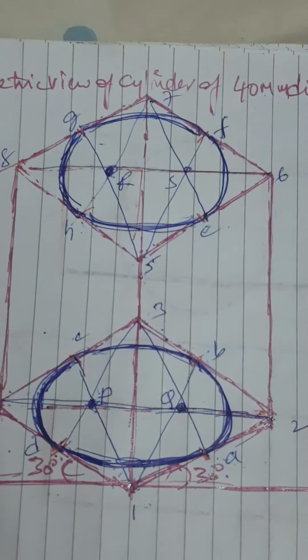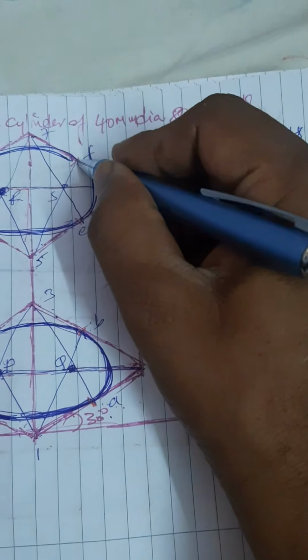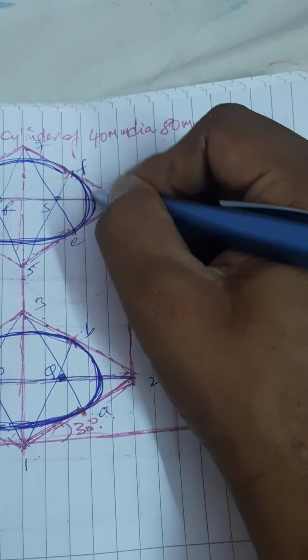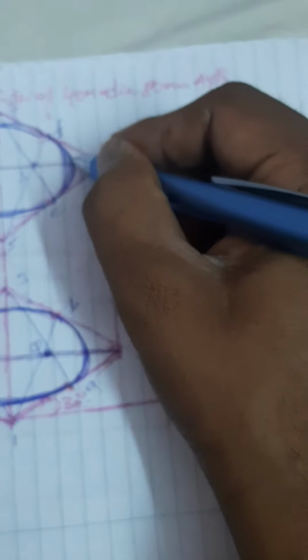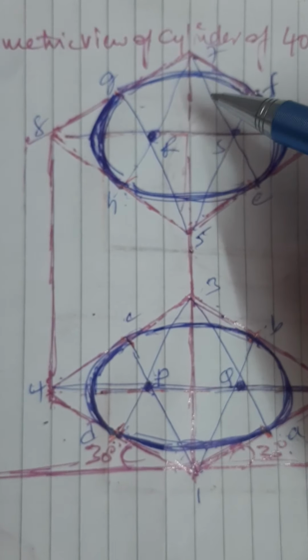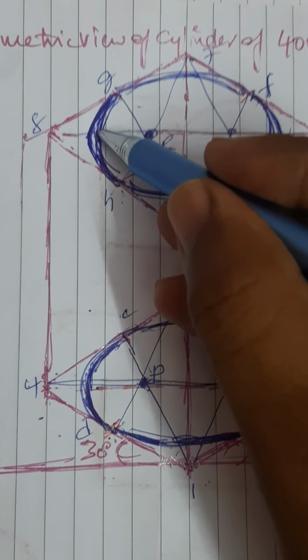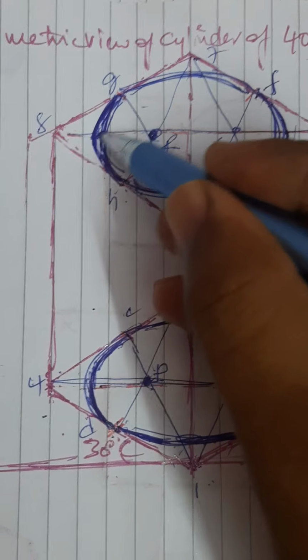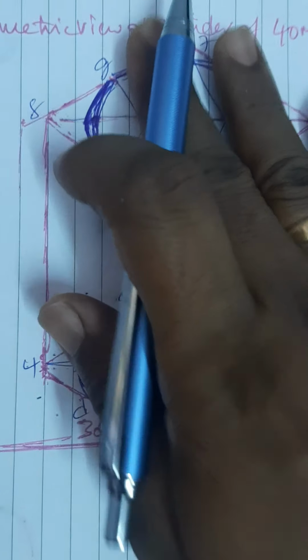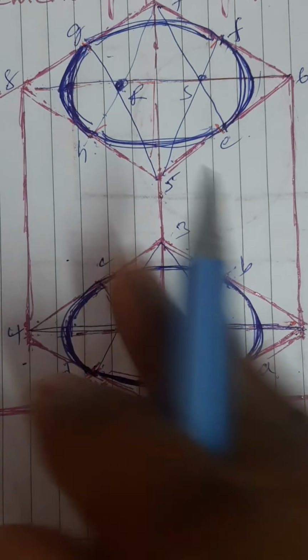Now see what I am doing. I am just joining the left end of the major axis of the top surface with the left end of the major axis of the bottom surface.